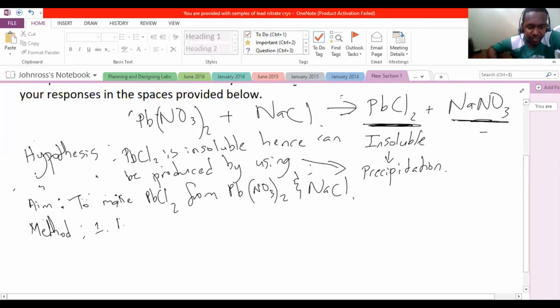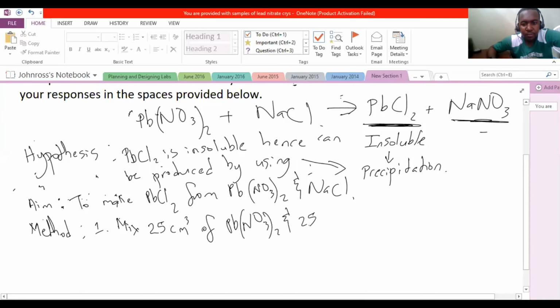So you're going to mix, and remember we always state how much we're using. So let's mix 25 cm cubed of Pb(NO3)2 and the same amount of NaCl solution in a beaker.